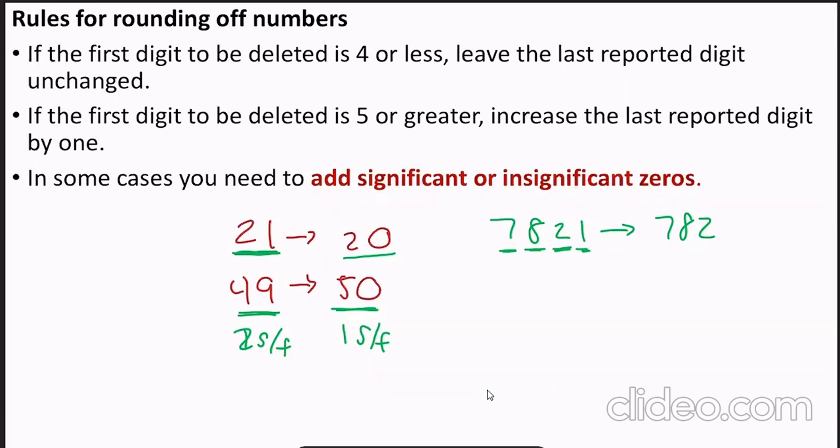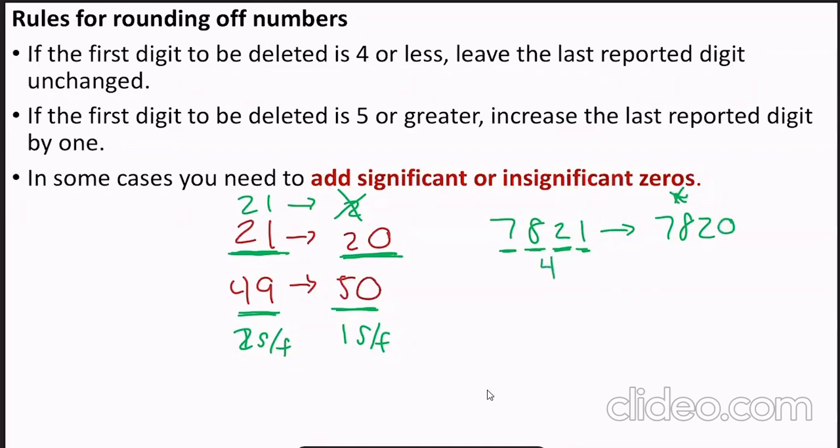That would mean that if we do 21 and we round it to 2, we don't do that. We go from 21 to 20, 2 sig figs to 1 sig fig. So what do you think we can do to adjust 782 so that we round it to 3 sig figs? Yeah, perfect. Yes, 7,820.